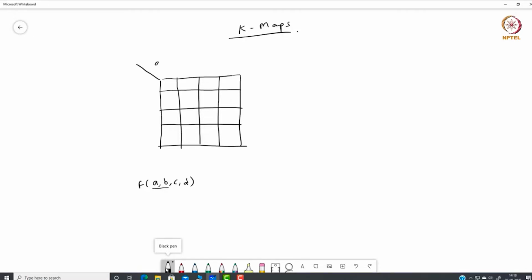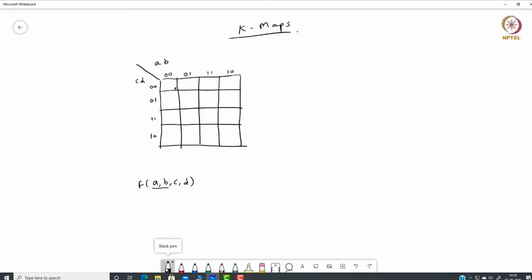So let us keep A and B, which are most significant, on the top, and C and D, which are less significant, on the side. On the top we will write in terms of a gray code 0, 1, 3, 2, and on the side also 0, 1, 3, 2, and in the corner of each cell we can write the min term corresponding to that cell.